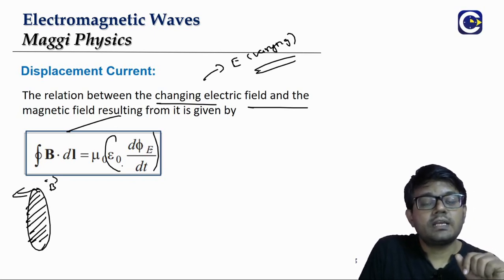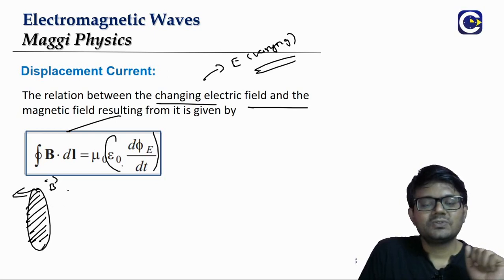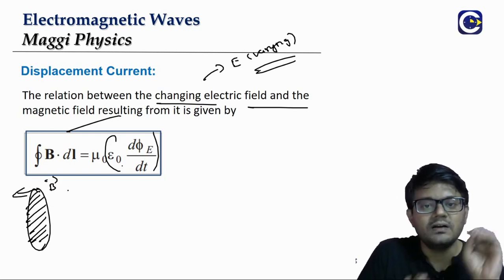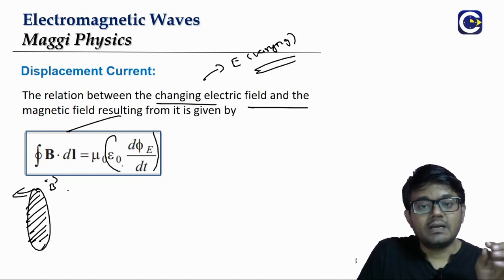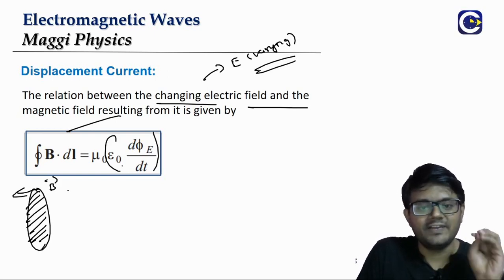Phi e is the electric flux through the loop area. So suppose we take a point in space where there is no current carrying object, but there is a varying electric field. We will be able to produce the magnetic field as a result of the varying electric field.